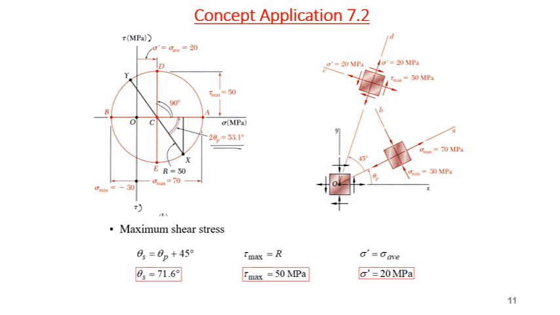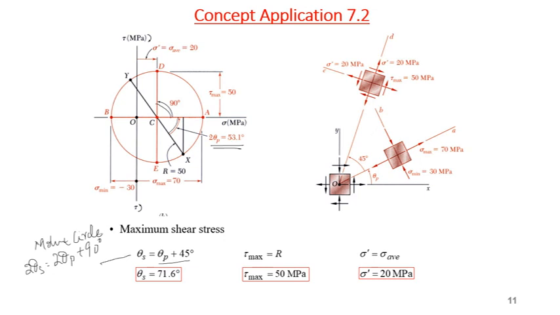In actual it will be theta p plus 45 degrees. On the Mohr circle, 2 theta s will be equal to 2 theta p plus 90 degrees.